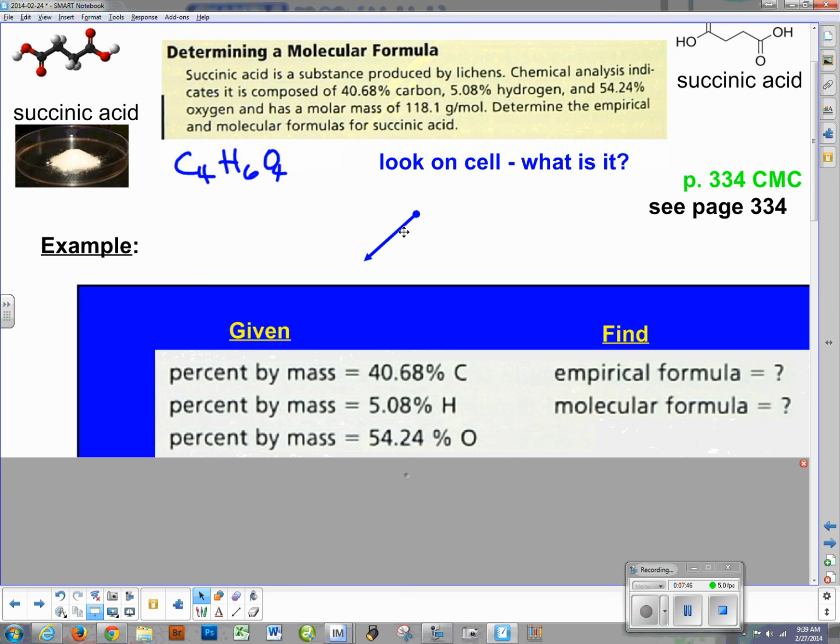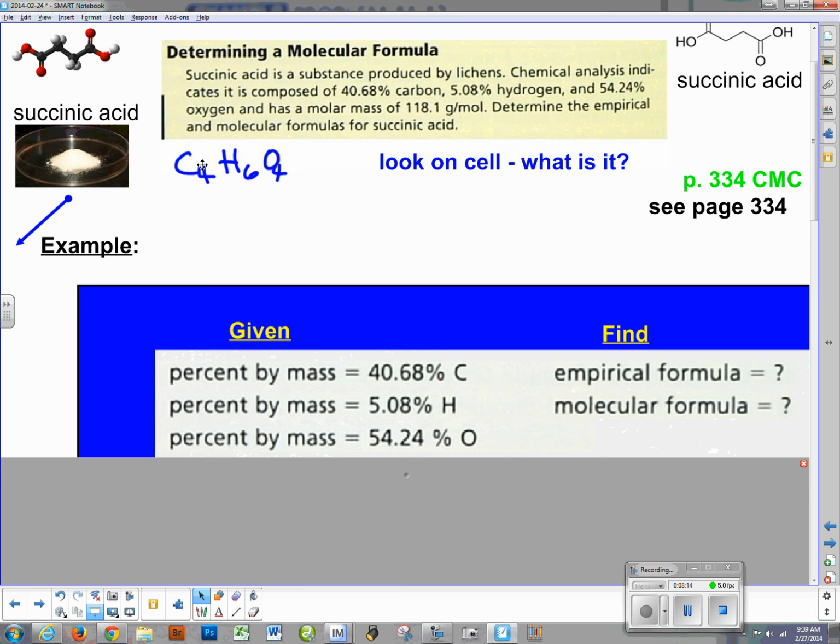If it's different, we need to understand why it's different. So let's do one little assumption. What do all of these percentages add up to? 40 plus 5.08 plus 54.24. What do you think? 100. Okay, let me explain how we solve problems of this nature where we're dealing with mass percent.